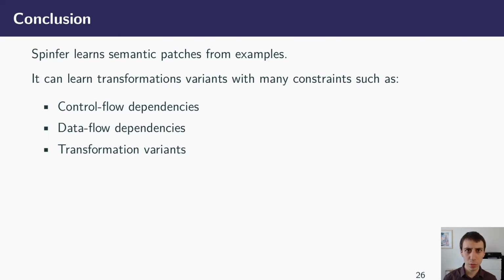Contrary to other tools, Spinfer is suitable for the Linux kernel because it can handle transformation challenges such as complex control flow dependencies or complex data flow dependencies, or transformation variations that need to be handled in a specific order in order to not produce false positives.